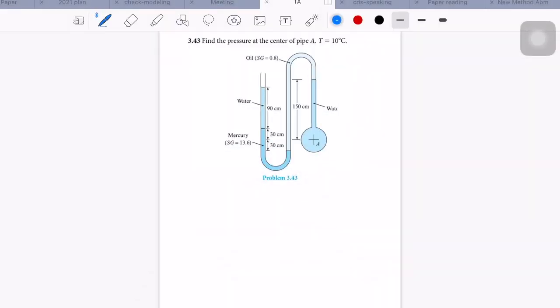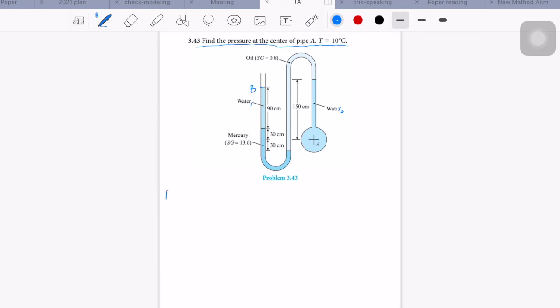For the last problem, we need to determine the pressure at the center of the pipe. The method for this problem is very similar to the previous problem, so I will directly write the equation. We'll show this is point B, and this is water 1, and this is water 2.